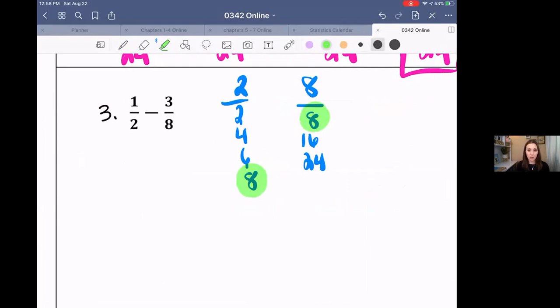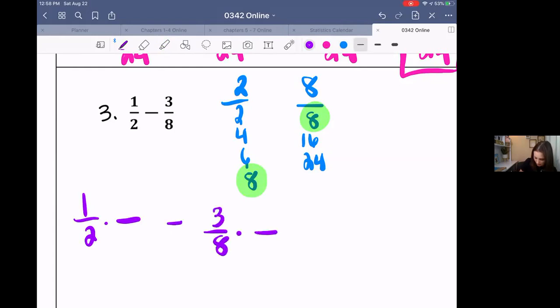Again, they're even, so they're going to have other multiples in common, but 8 is the smallest, and we want to go with the smallest. So I'm going to multiply 1/2 by something, and 3/8 by something.